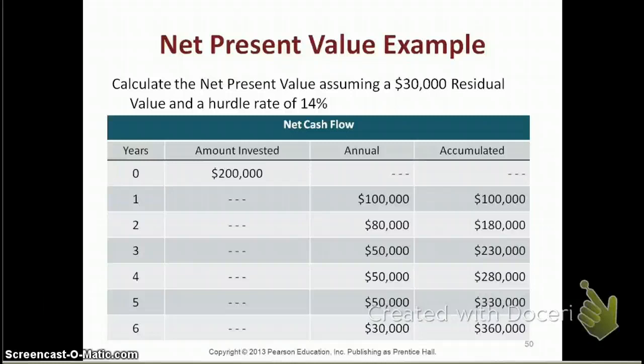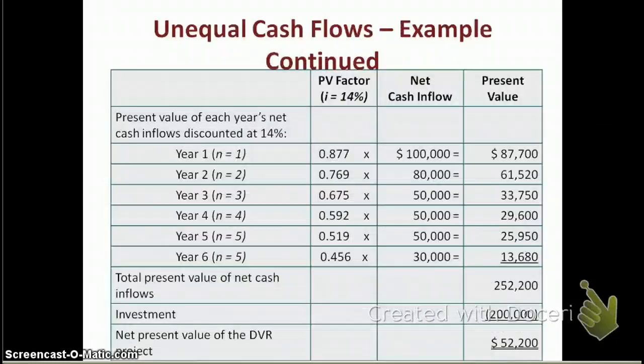And then you would do the same for every single year. So you would have multiple factors. These are the factors you look up for each year, 1, 2, 3, 4, 5, 6, using a 14% interest rate.